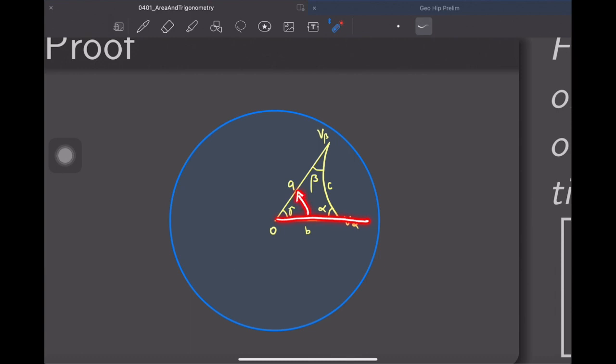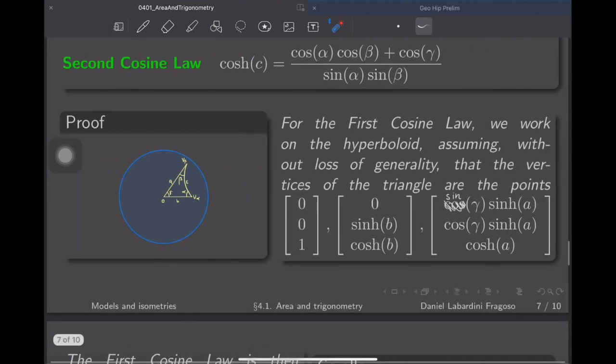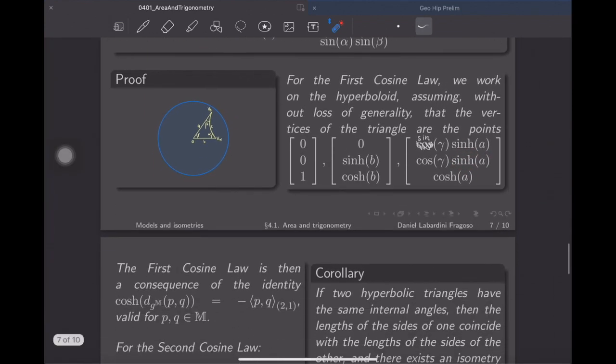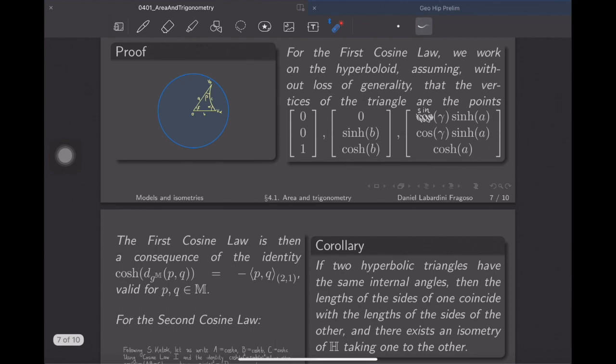So that's why it's a cosine of gamma, multiplying the length, which would be this a. I mean the Euclidean length.